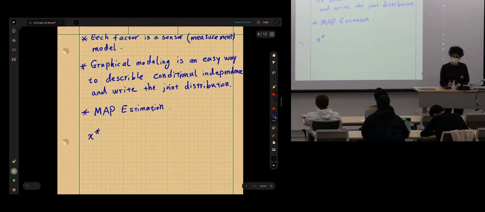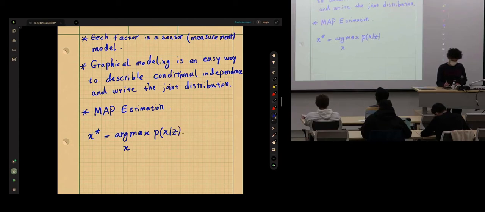So we want to have the entire trajectory of the robot by maximizing the posterior, which is the same thing as maximizing the joint distribution.